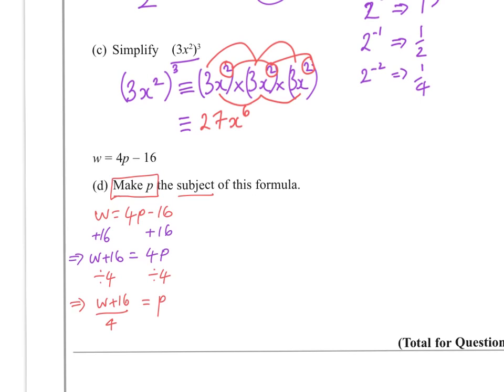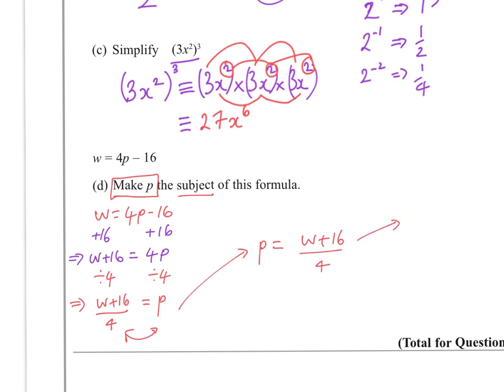So you could leave your answer as that, or you could just reverse both sides, as in switch the sides over. So it's like a pair of scales. If I'm facing the scales, I see it one way, and the other person on the other side will see it the other way round. It doesn't really matter, but you can just write your answer, p equals w plus 16 all over 4.